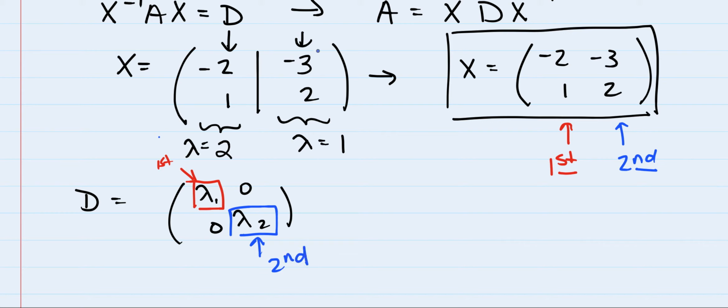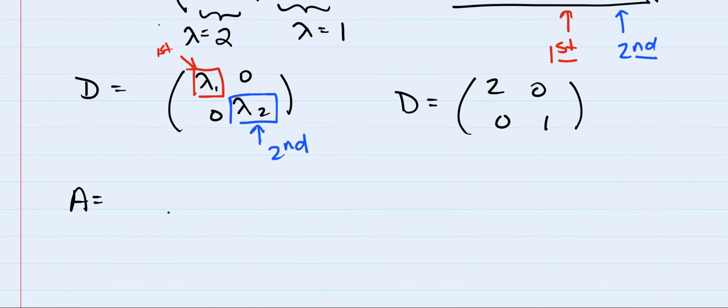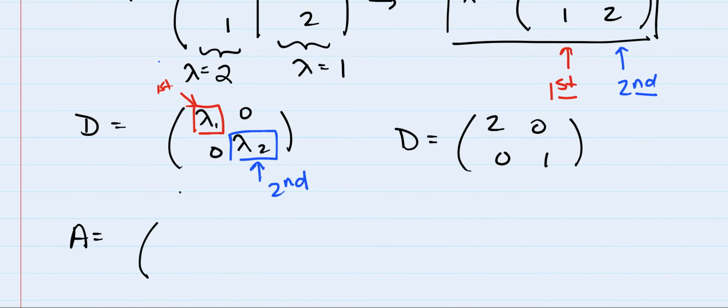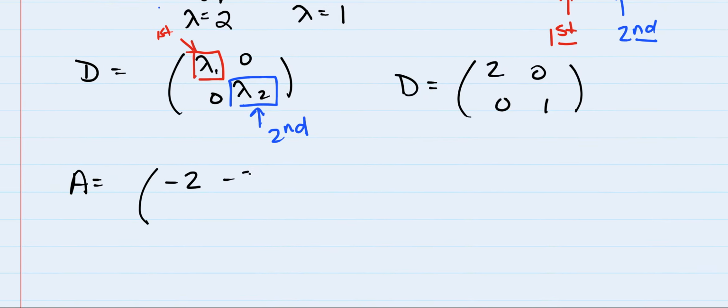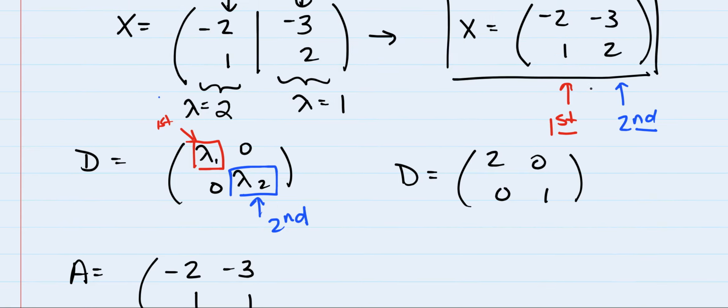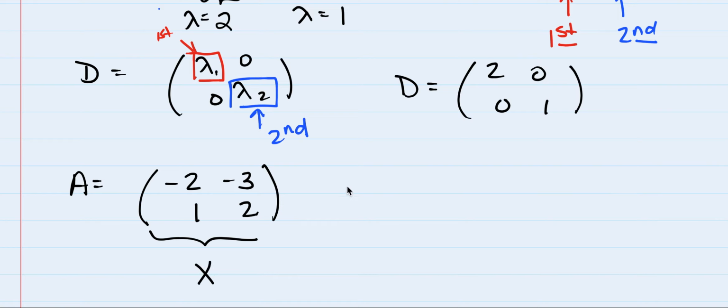Okay, so then D, because this goes with lambda 2, we put a 2, 0, 0, 1. And we say that A is equal to, here I'm putting an X, so -2, -3, 1, 2, times D, because this is our matrix X, times D, which is 2, 0, 0, 1.